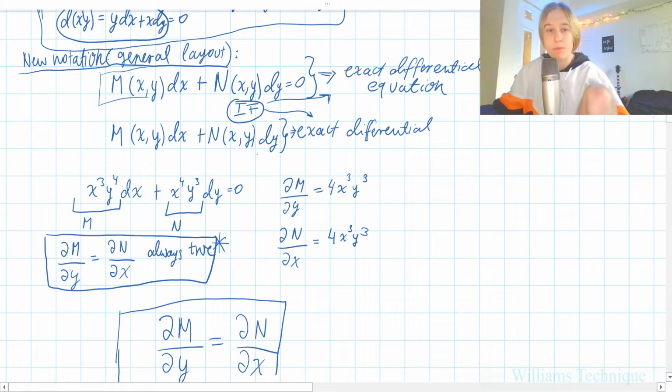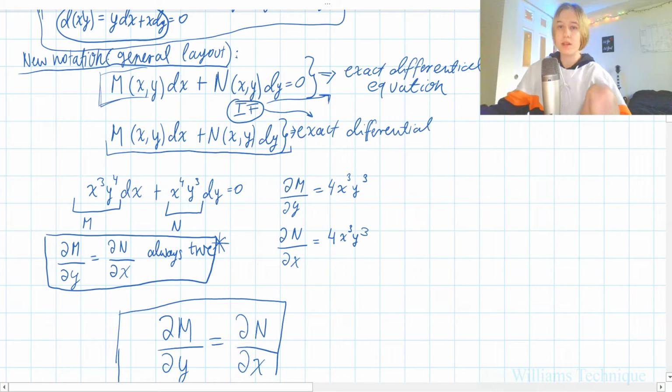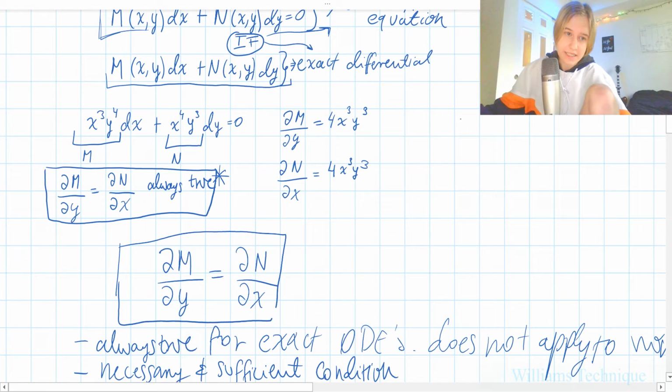To determine if something is an exact differential, it essentially follows this format here: M(x,y) dx plus N(x,y) dy. So that is an exact differential, and up here this is an exact differential equation if it equals 0. Now that's one of the ways to determine if something is an exact differential equation.